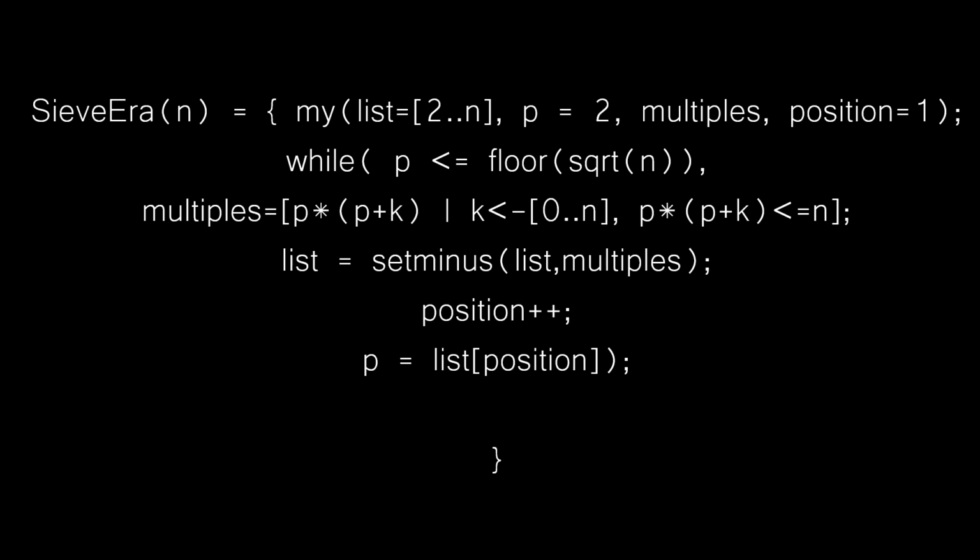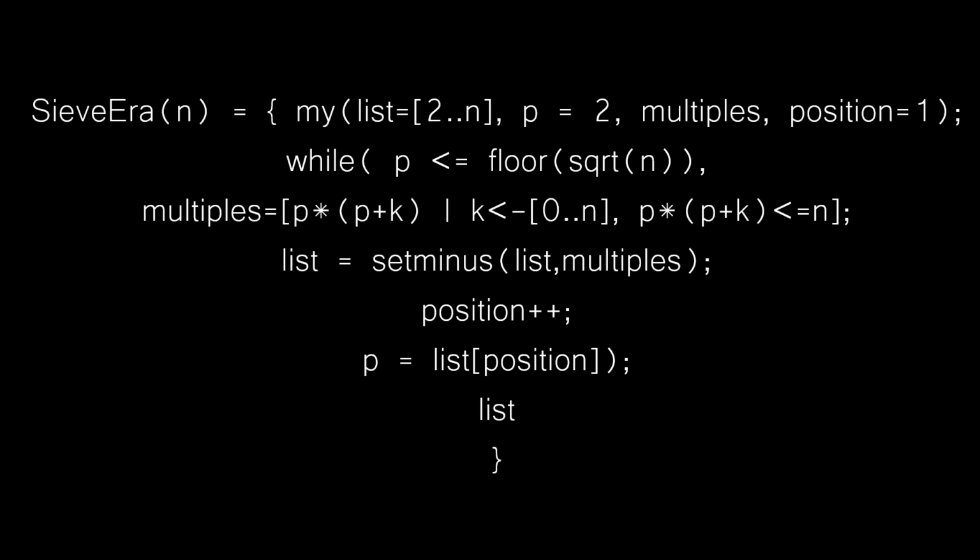And now I'm going to increase position because now we're going to look at the next prime. So I'm going to say position plus plus, which will increase, for example, from position 1 to position 2. And I'm going to look at the next prime. So the next prime will be the number in the list in that position. So once you get position 2, it will give you the second prime in that list, which will be 3, and so on.